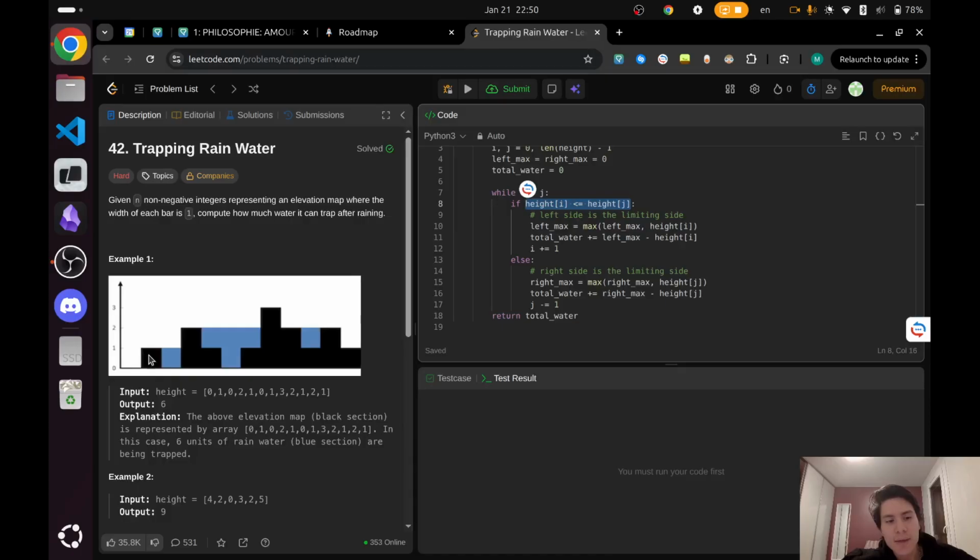So for example, if I have a first pointer that has height 1 and another one that has height 2, it means that the maximum trapped water that the left pointer I'm gonna move to the right is gonna be 1. So you put here 1, and then let's say you move again the smallest value, you get this one, and then both pointers have height of 2, so the maximum trapped water is 2.